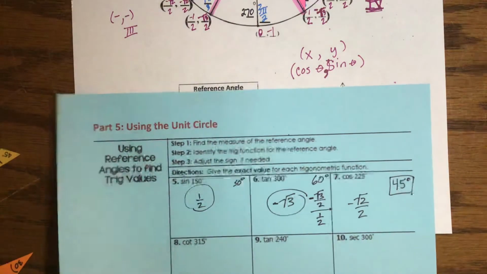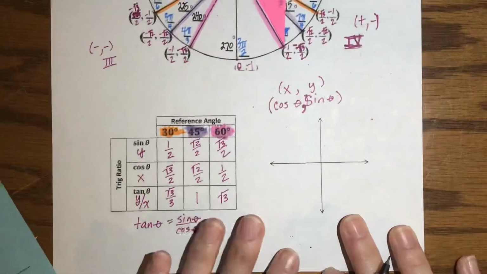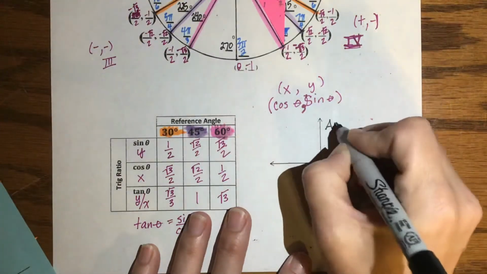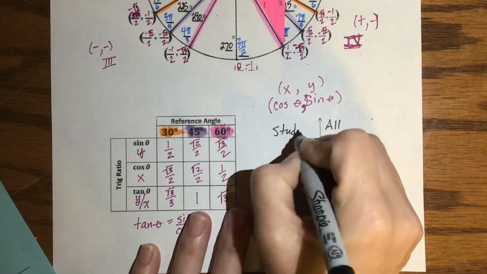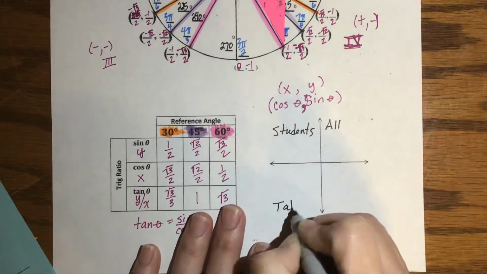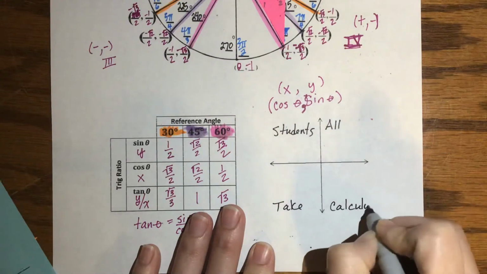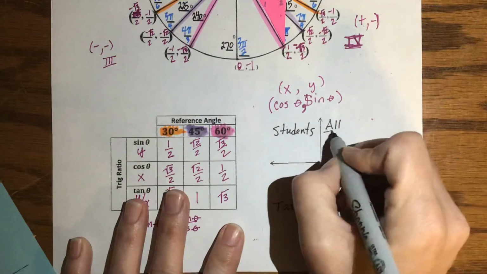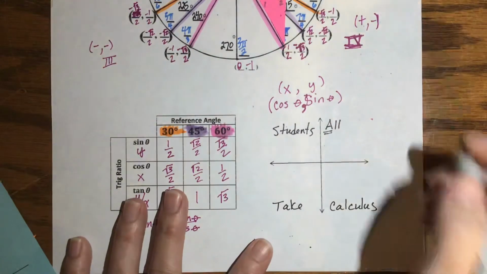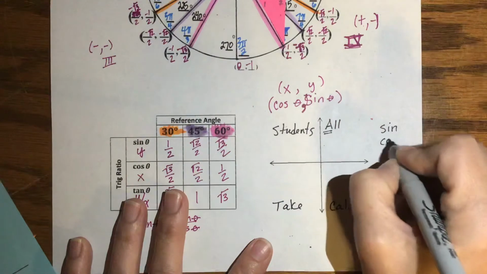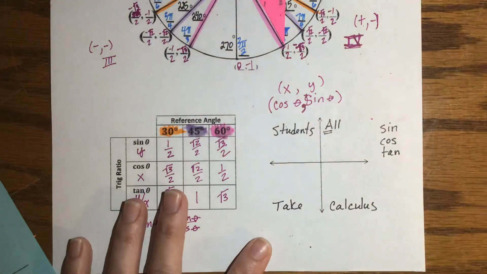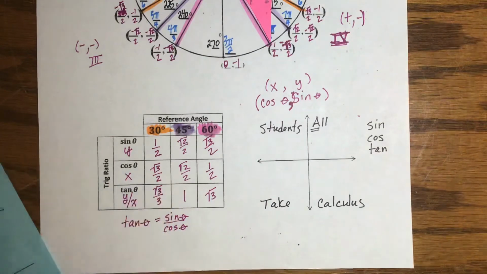Okay? Now, we have a little mnemonic device to help us: all students take calculus. When you are looking at sine, cosine, and tangent, those three, remember that cosecant is going to be the same sign as sine, because you're just flipping it. Secant's going to be the same sign as cosine because you're just flipping it. And cotangent is going to be the same sign as tangent because you're just flipping it.